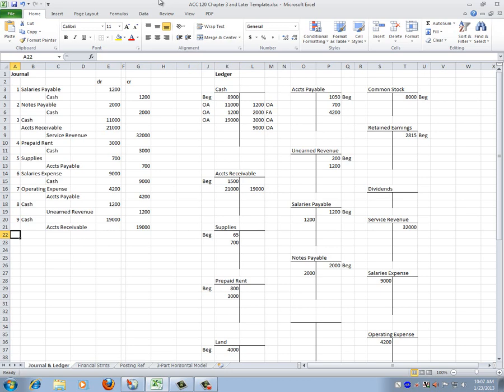Up to number 10, where we pay $59.50 on our accounts payable. To reduce the accounts payable liability, a left side called debit entry. To decrease the cash asset, a right side called credit entry, $59.50.